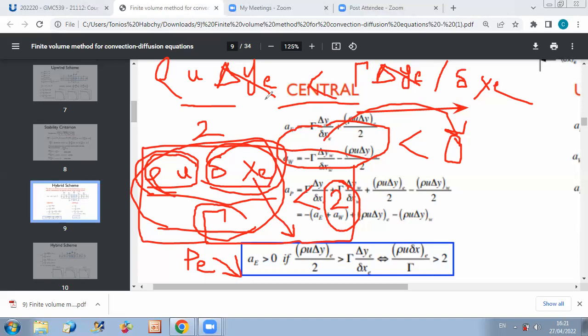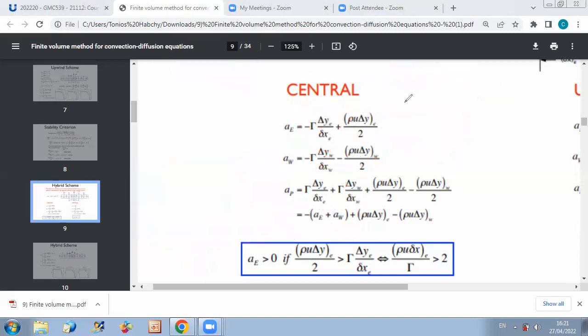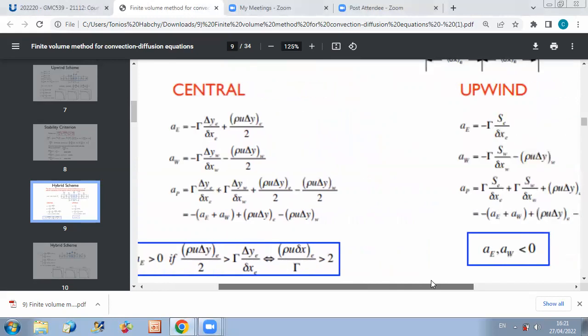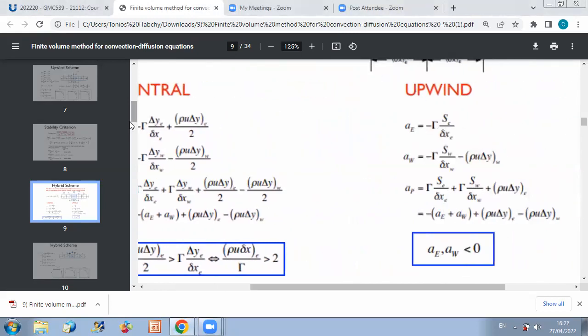And in case I have a Peclet number larger than 2, I use the upwind scheme. In this way, I take advantage of both schemes. The central scheme performs better for small Peclet numbers, while the upwind scheme performs better for large Peclet numbers. Then I can combine the stability of the upwind scheme with the accuracy of the central scheme when I solve. So this is the strategy.